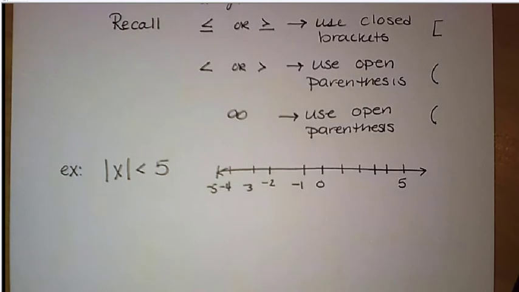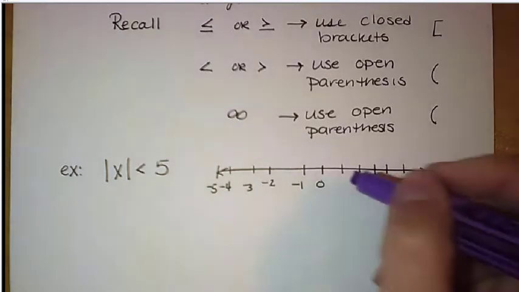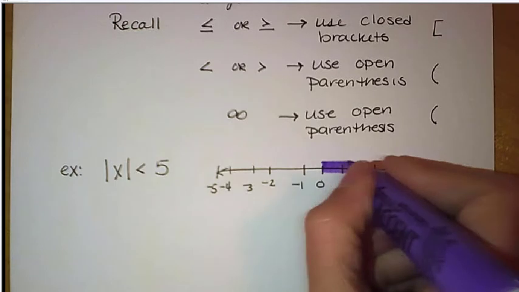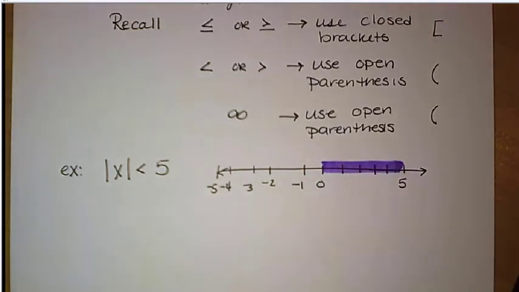Now, I just want to think about the positive side of this for a second because it's much easier to think of the positive side. When I think about x being less than 5, those numbers are 4, 3, 2, 1, and 0. All of those numbers are less than 5. So I know that my graph is definitely going to include this area between 0 and 5.